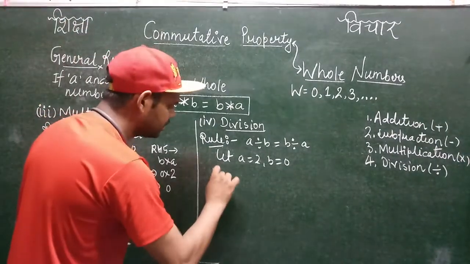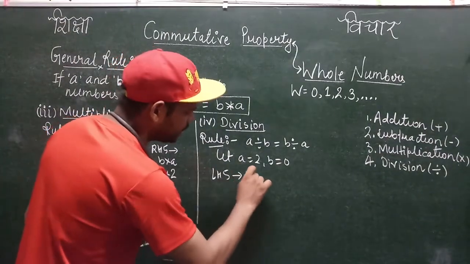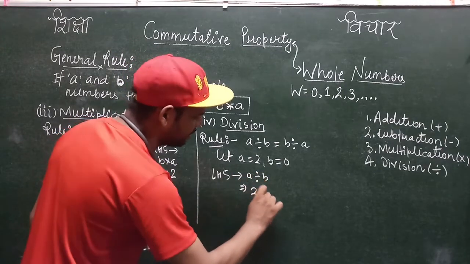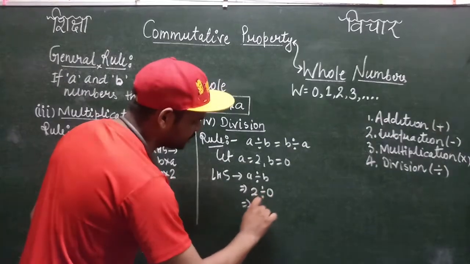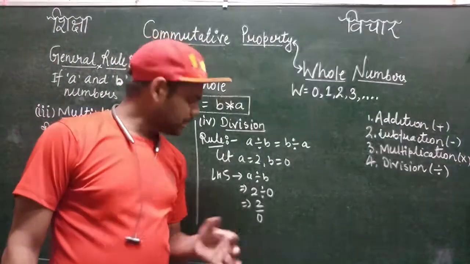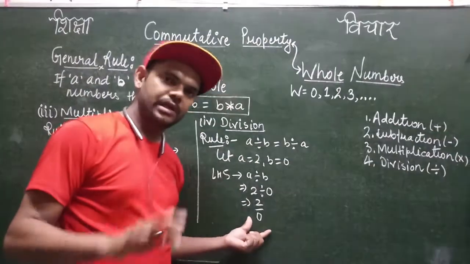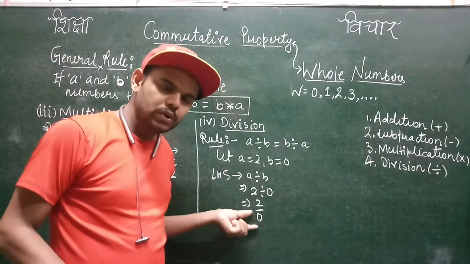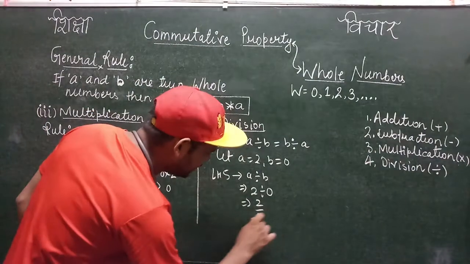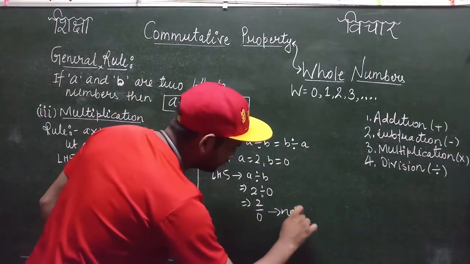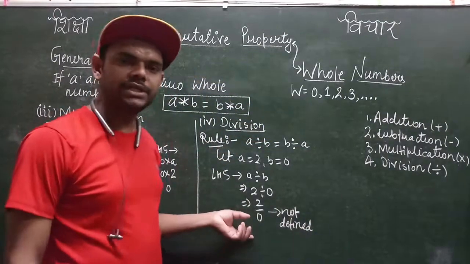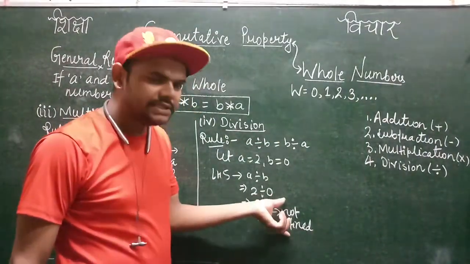Left hand side is A divided by B, that means 2 divided by 0. Now see here, whenever you divide any number by 0, the result is called not defined. That means the divisibility by 0 is not possible. So this result is not defined.